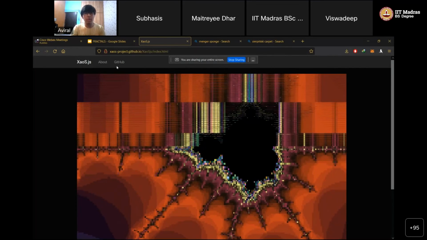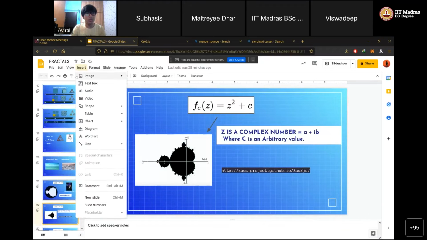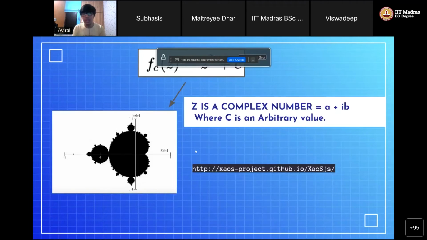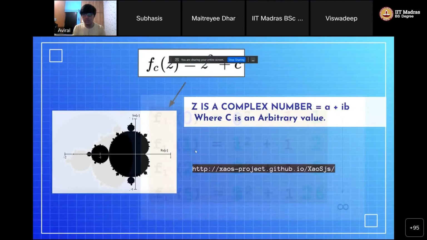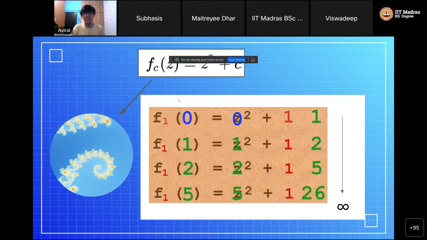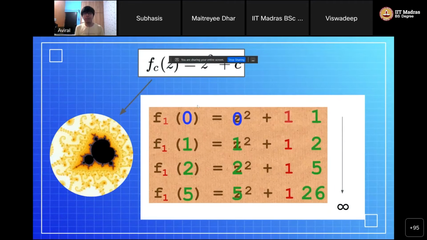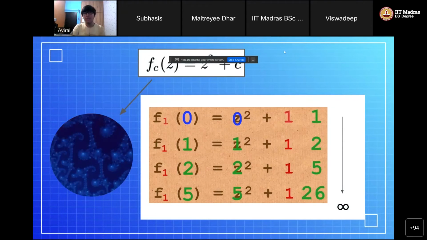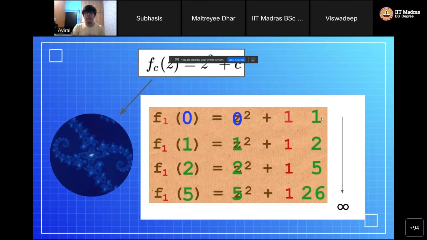Now I'm going to talk about how it is calculated. How do we plot this, and how can you make your own Mandelbrot set simulation? We have this function and we start with 0, but we're going to change the c values. The c value is an arbitrary value. First we're going to put 1.